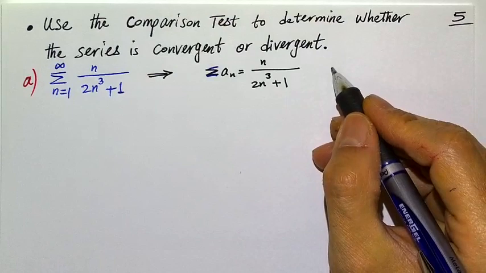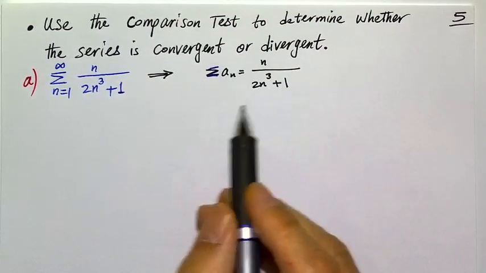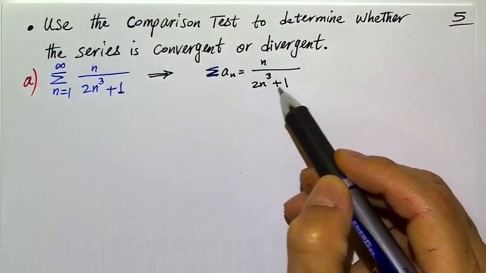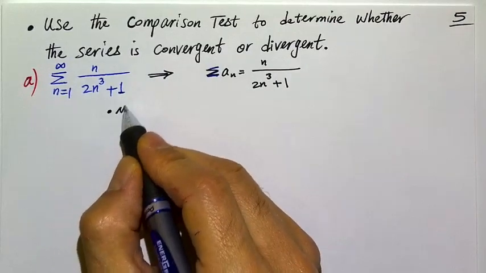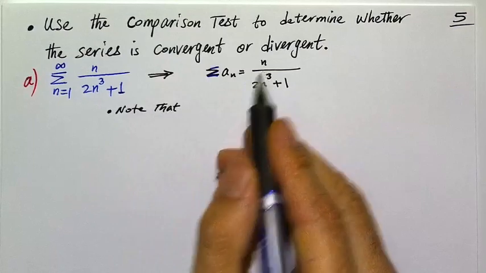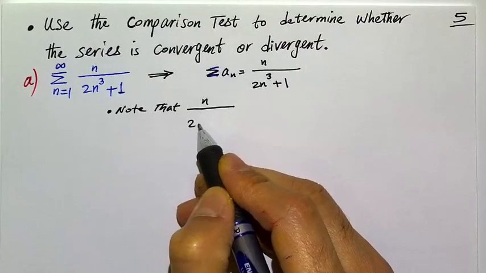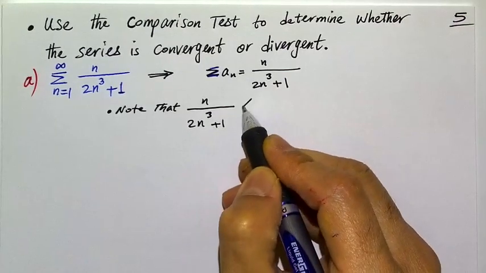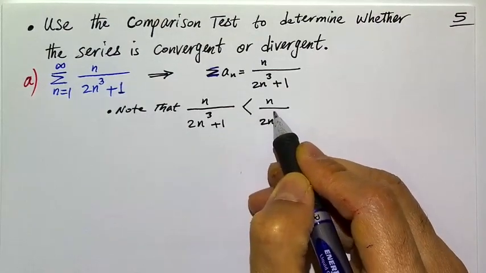Notice that this is smaller than n over 2n cubed, because the denominator, so let me write this down. Note that 2n cubed plus 1 is greater than 2n cubed, so the fraction is less than n over 2n cubed.